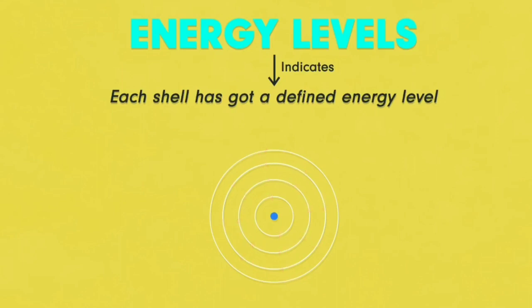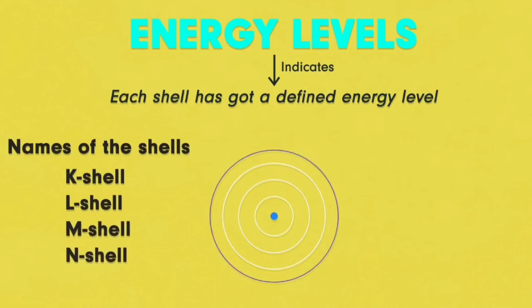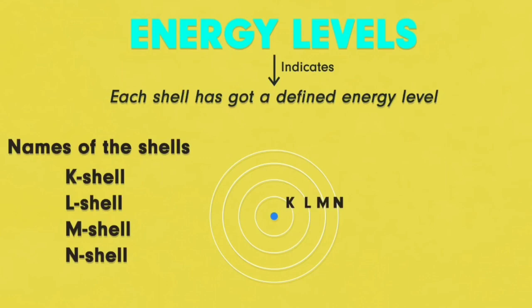Then, how to name these orbits to indicate their positions? Beginning from the nucleus, we name them as K shell, L shell, M shell, N shell, and so on. These shells are numbered using the symbol n.